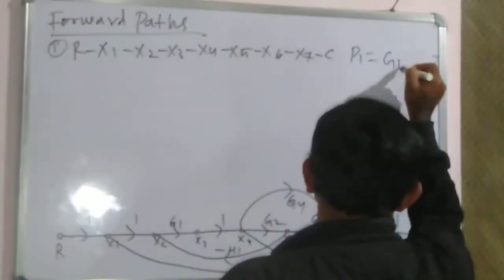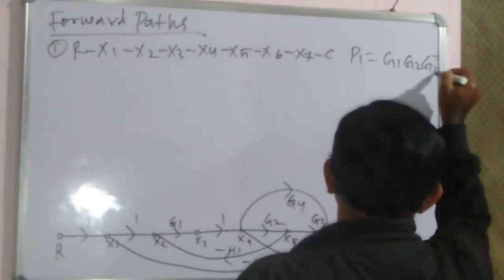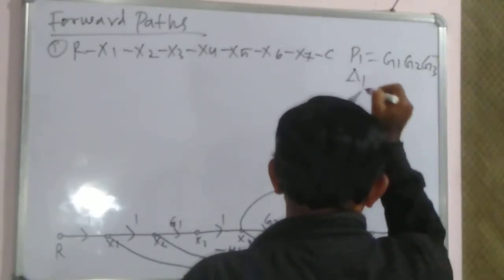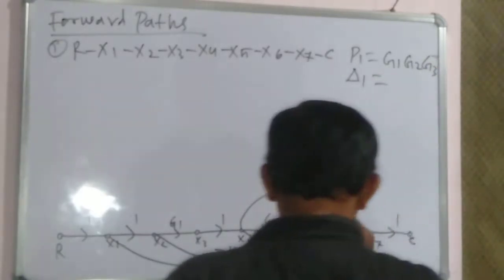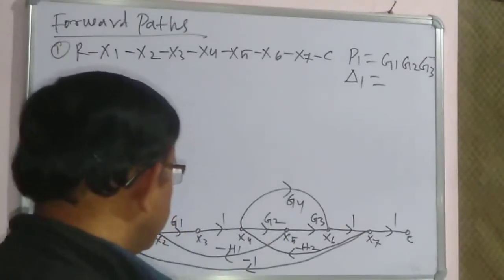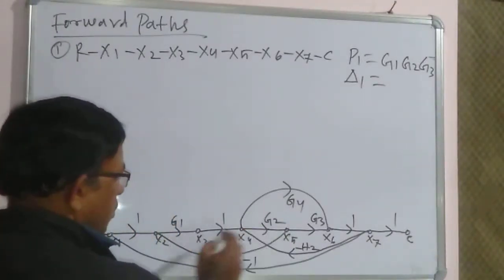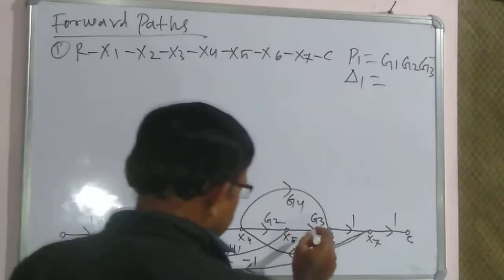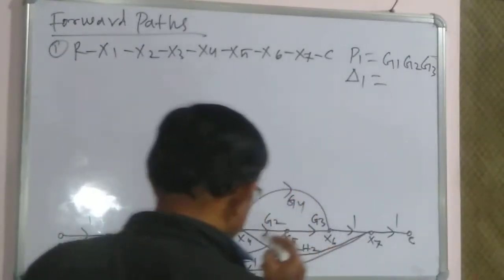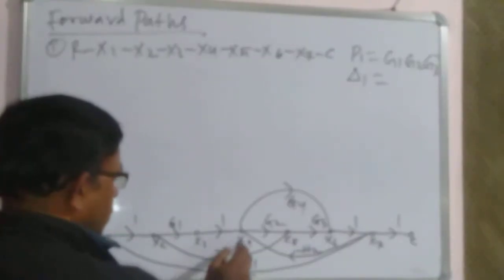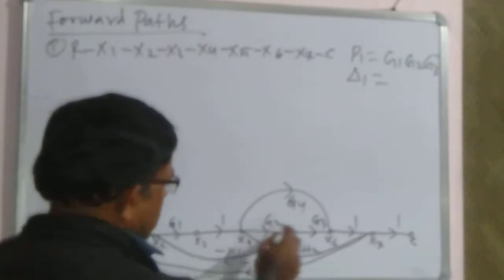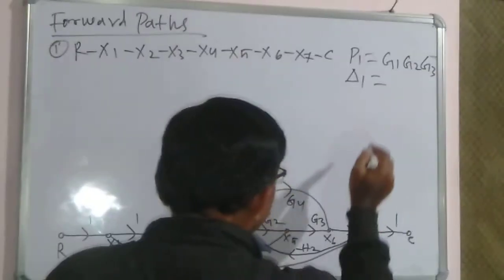Therefore P1 is G1 G2 G3, and delta 1 is the gain of the loops not touching this forward path. There are no such loops, because all the loops touch this forward path, therefore delta 1 is equal to 1.